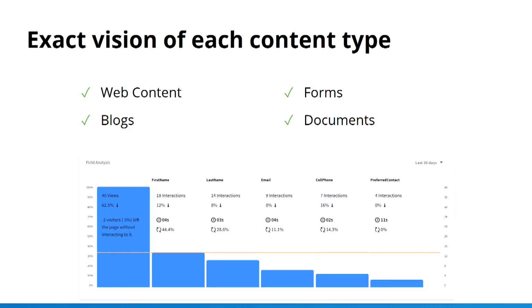Well, maybe this is not a real sample, but it happens that 12% of my users abandon the form within the first field. Let's study that. Let's see what's happening there. And we also have time, which is the average time that the user spends in this specific field, and how many users come back to the form in that specific field to correct something. Okay, this is a good piece of information, a good sample.